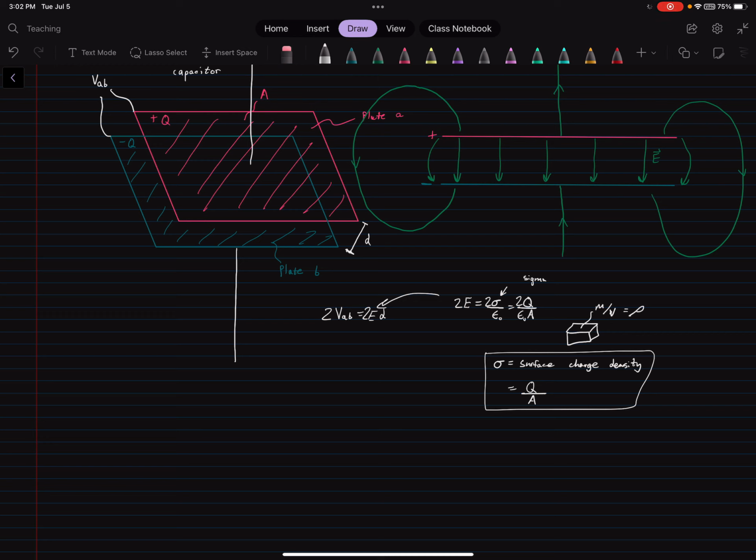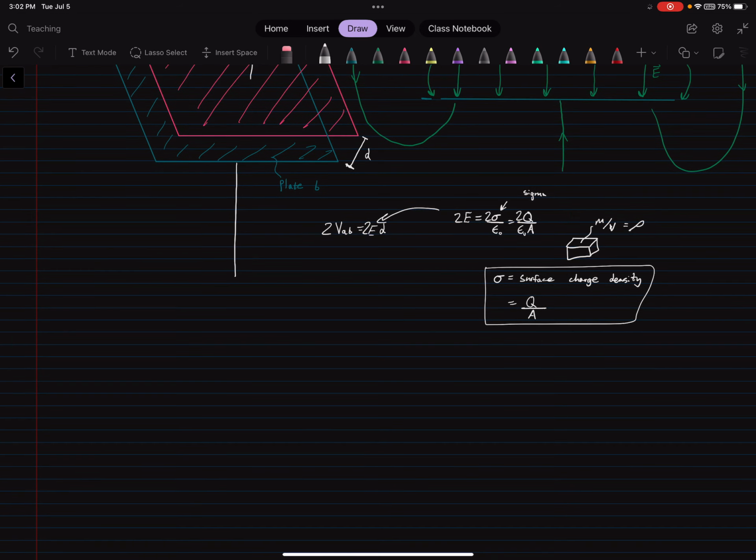But if we were to take the ratio of charge, which is Q, which we've now doubled, per potential difference, which has doubled as a result, those twos cancel, and it stays the same as the original before we doubled it.